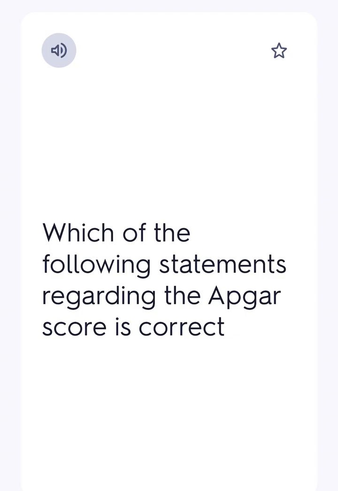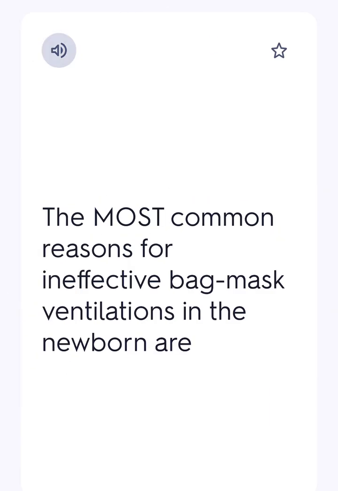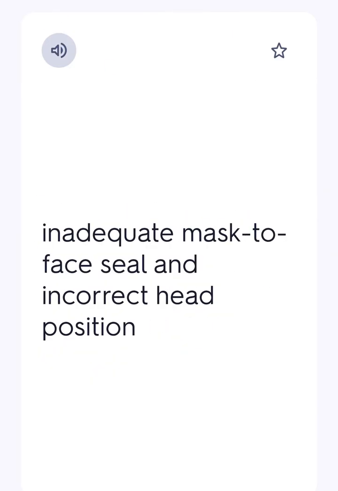Which of the following statements regarding the Apgar score is correct? If resuscitation is necessary, the Apgar score is completed to determine the result of the resuscitation. The most common reasons for ineffective bag mask ventilations in the newborn are inadequate mask to face seal and incorrect head position.